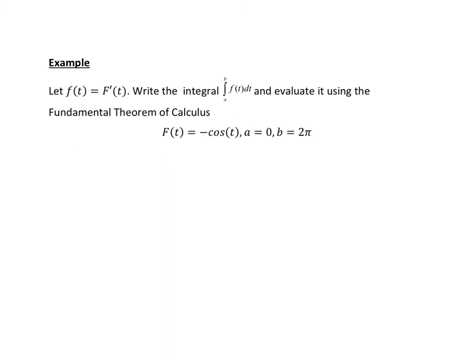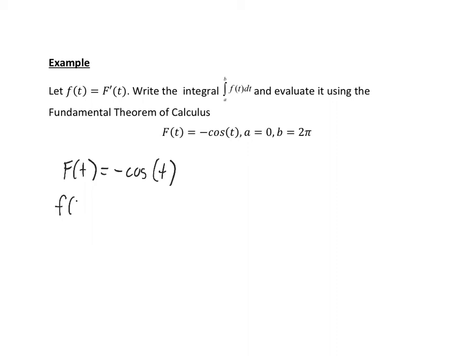Let's look at another example. Let f of t equal F prime of t. Write the integral from a to b of f of t dt and evaluate it using the fundamental theorem of calculus. So we're given uppercase F of t equals negative cosine of t.